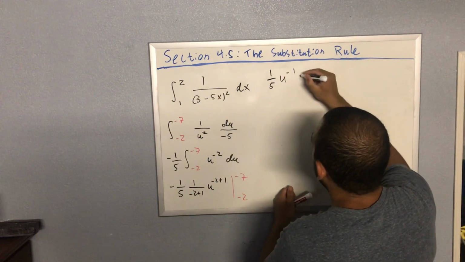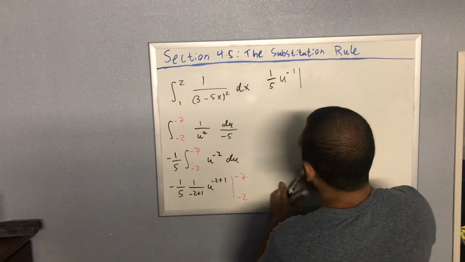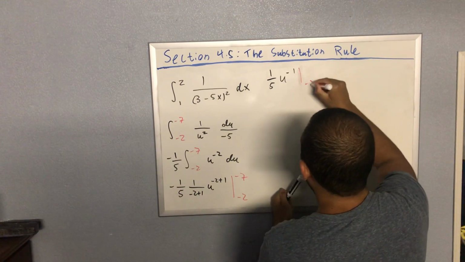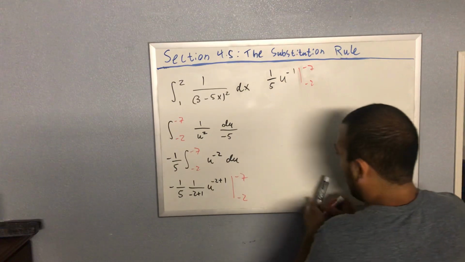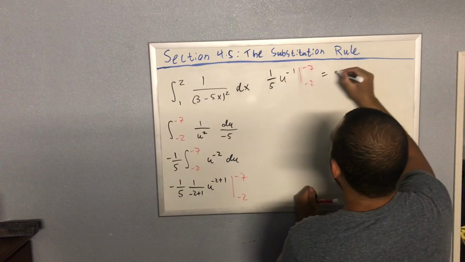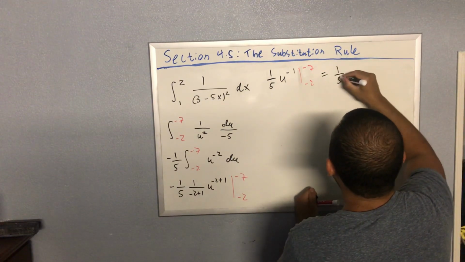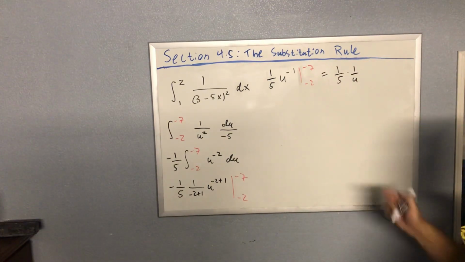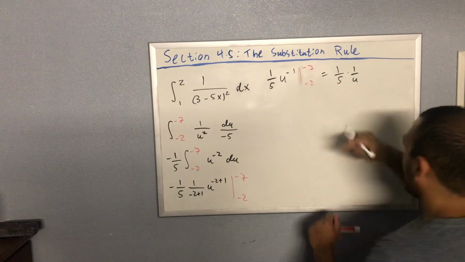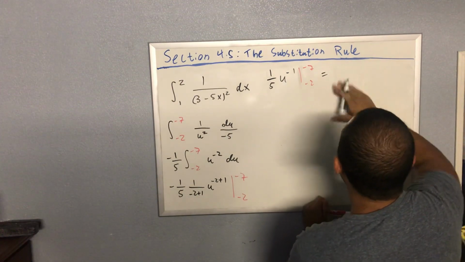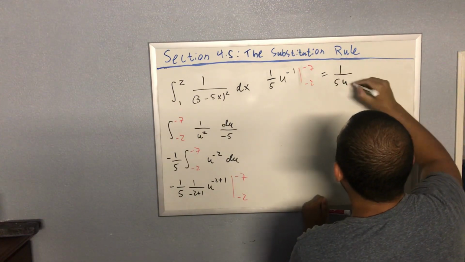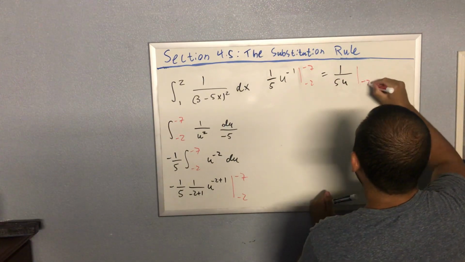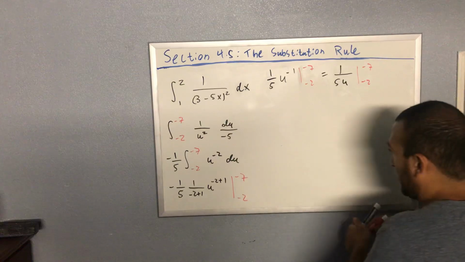So this is evaluated from -2 to -7. And then this is the same thing as 1/5. So 1/5 times 1 over u, what is that? You just multiply these to get 1 over 5u. So we have 1 over 5u, evaluated from -2 to -7.